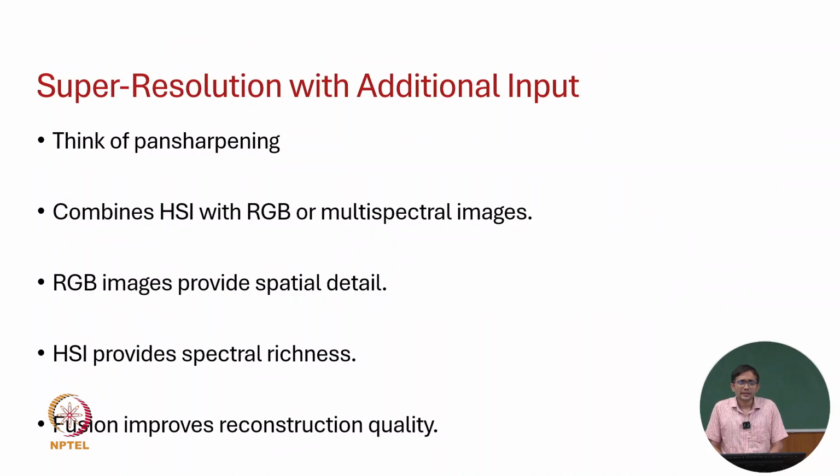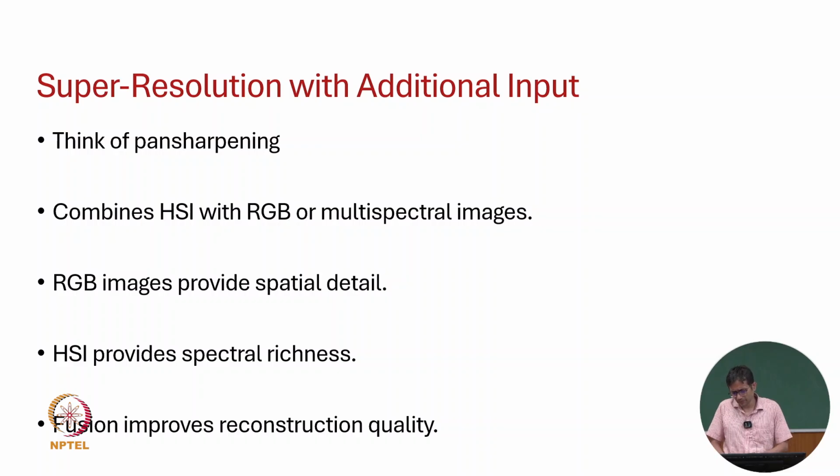Now, we say that super resolution is done with just a single input of a hyperspectral image. However, in practice, super resolution is also done in a more pan sharpening kind of approach, where in addition to the hyperspectral image, an additional input is given, such as an RGB image or even a single band image, or a multispectral image with more than 3 bands, which is higher resolution.